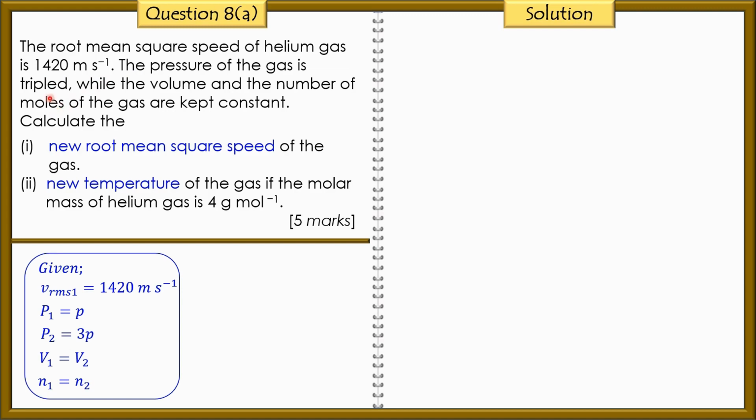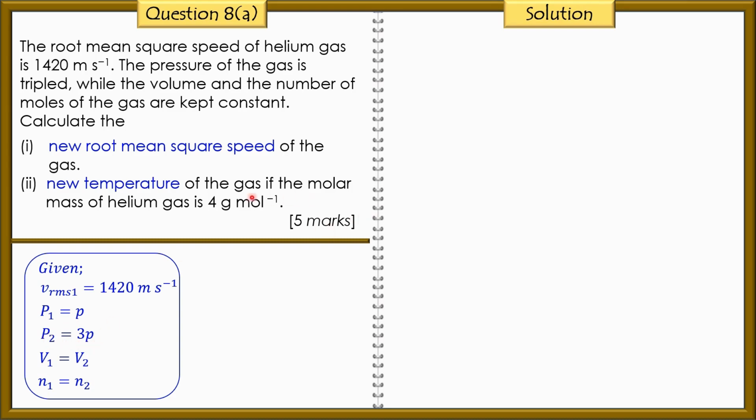The pressure of the gas is tripled, while the volume and the number of moles of the gas are kept constant. Referring to the question, because the pressure of the gas is tripled, it means there are two situations. I represent 1 for the first situation and 2 for the second situation.